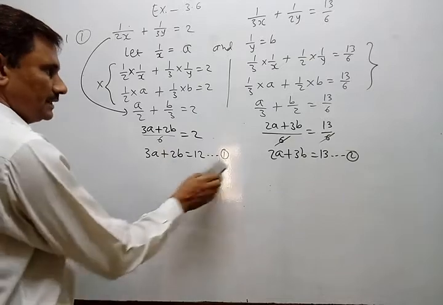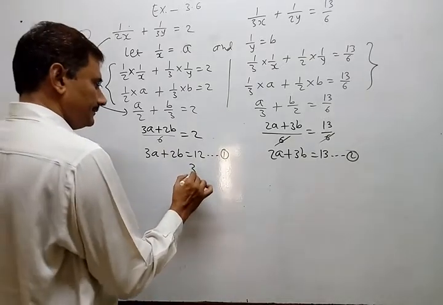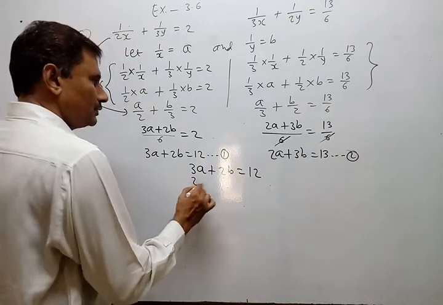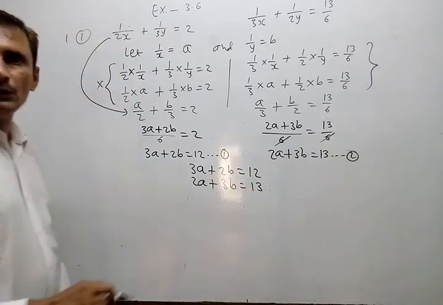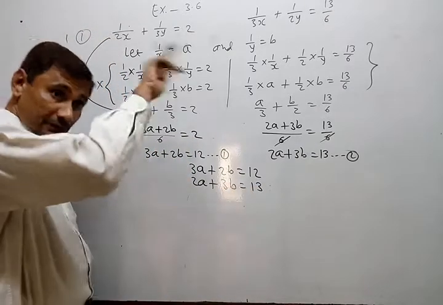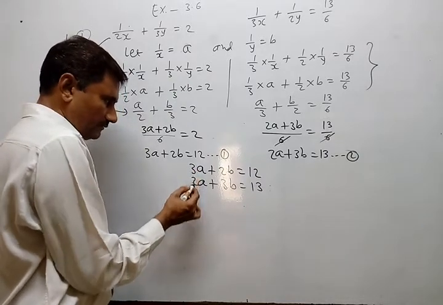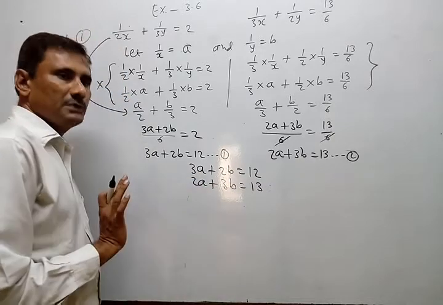Just write here 3a plus 2b equal to 12, 2a plus 3b equal to 13. I have written both. Just like the previous sum, if you want to make the a coefficient or b coefficient equal, accordingly you have to multiply.